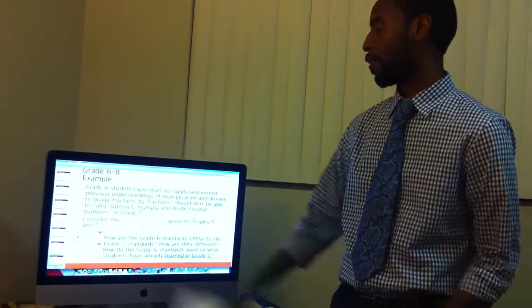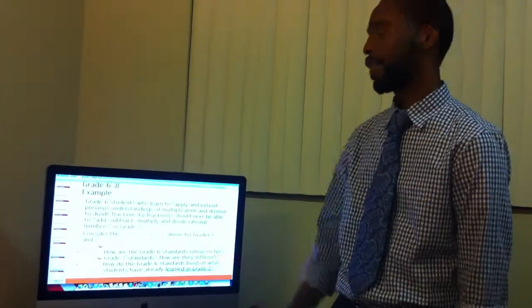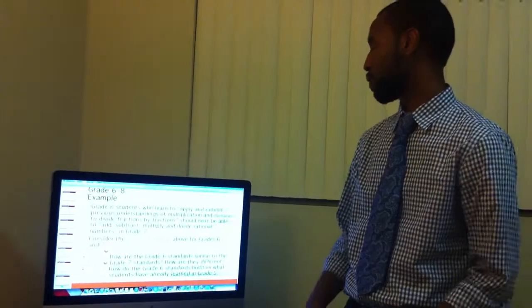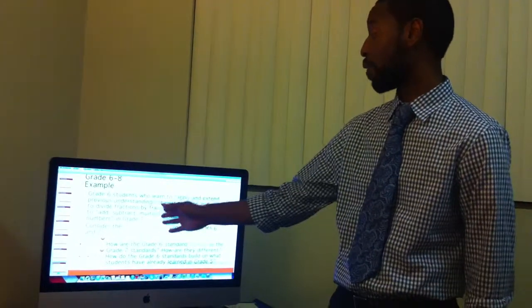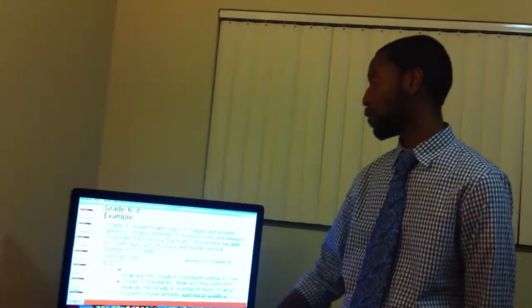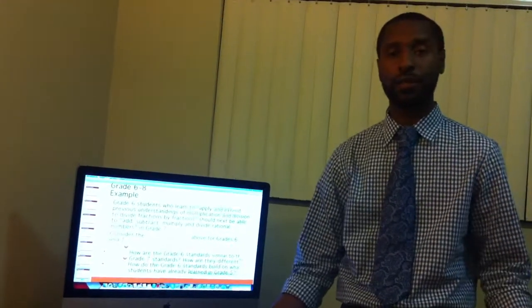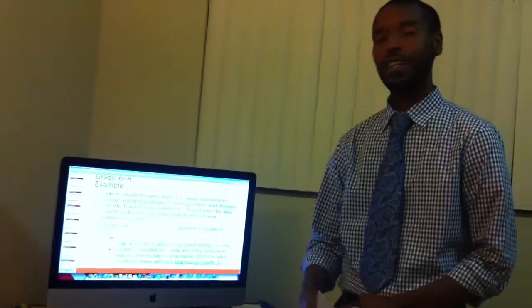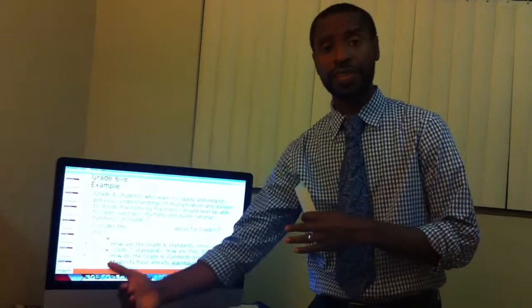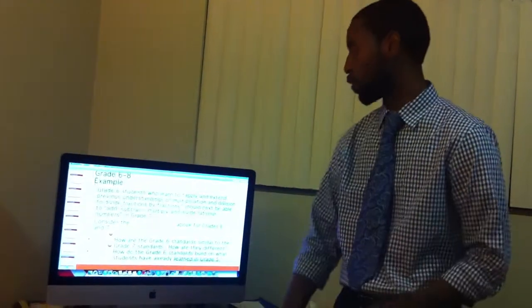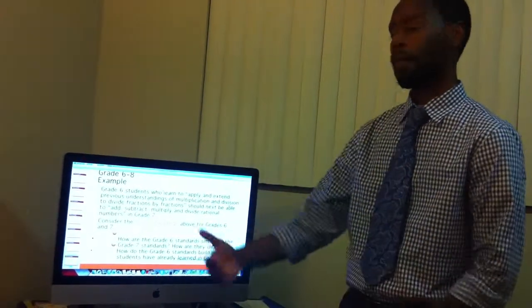Let's take a look at the next example. Here's a grade 6 through 8 example. In grade 6, students who learn to apply and extend previous understandings of multiplication and division to divide fractions by fractions should next be able to add, subtract, multiply, and divide rational numbers in grade 7. So you can see the sequence and the hierarchy where students are building upon that next standard.